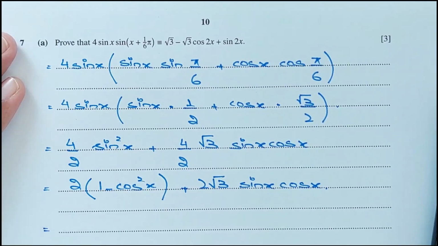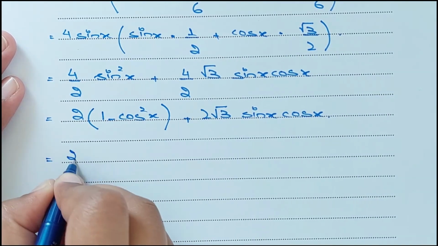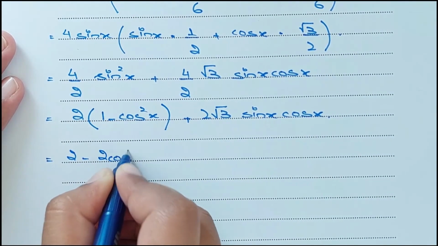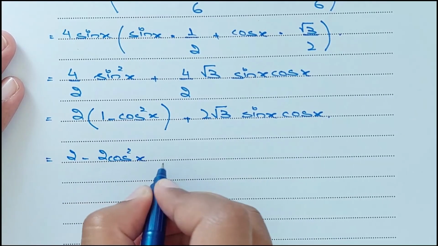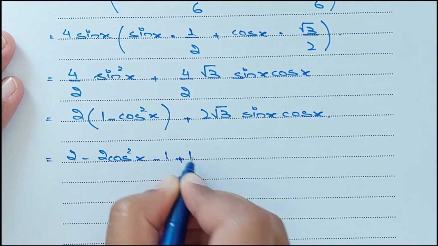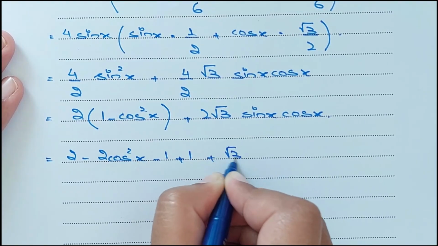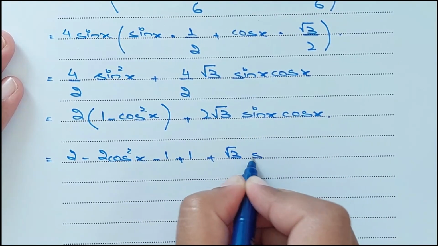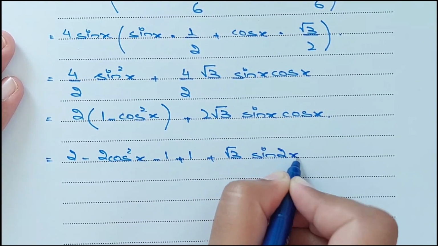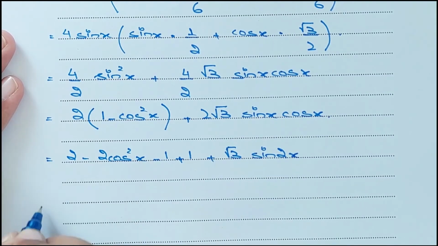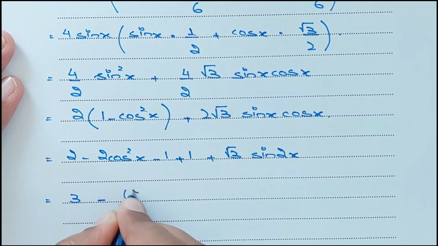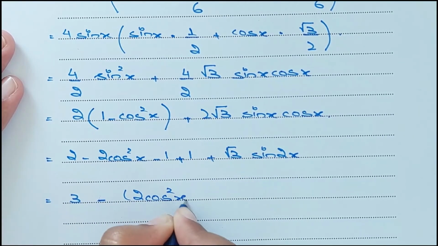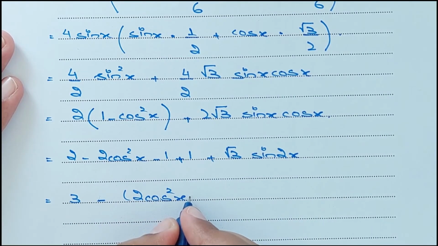If I open this, we have 2 minus 2 cos squared x. If I subtract 1 and add 1, and we have square root of 3 times 2 sin x cos x, which is sin 2x. So here we have 2 plus 1 is 3, minus 2 cos squared x, and 2 cos squared x.